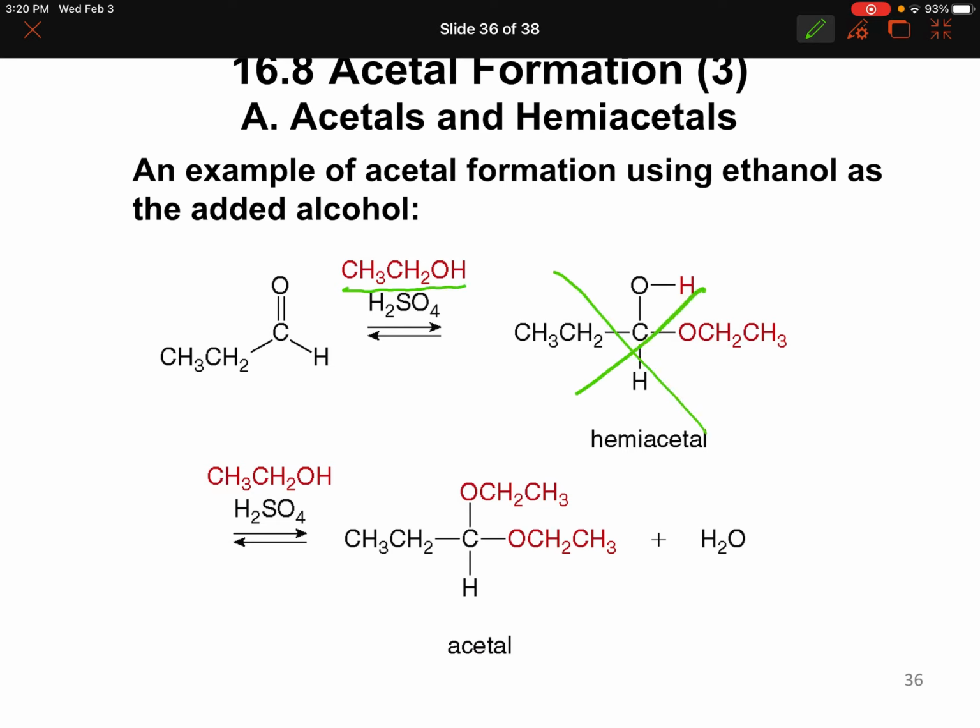Don't worry about after we've added just one of those ethanols because the reaction never stops there. In the end, look at the beginning and what we have at the end. We break both of those carbon-oxygen bonds and replace them with bonds to two of those, sorry, two of those ethanols. And that is how we get our acetal.